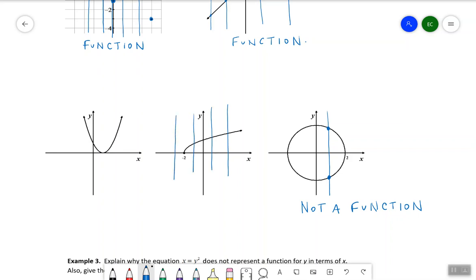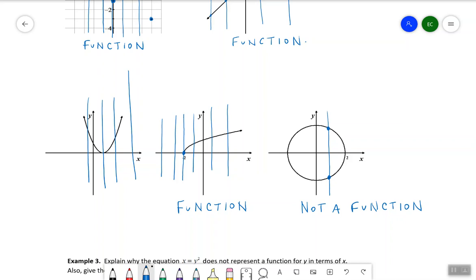Okay, we can back up here and look at these other 2 graphs pretty quickly. Wherever I draw the vertical line, even if it happens to be right here at the end of the graph, the vertical line only hits once, or out here further to the left, not at all. So this is a function. And the same thing here with this parabola, we can see that the vertical lines hit the graph exactly once.